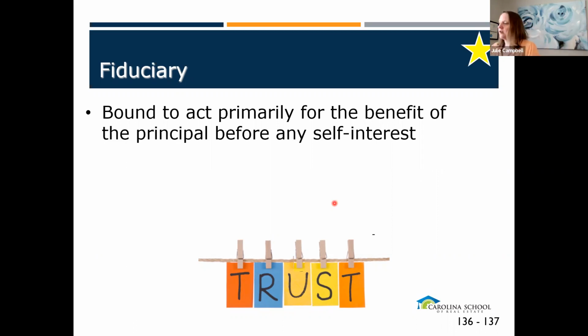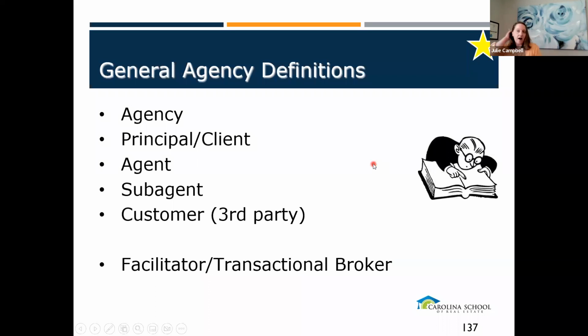So turn with me, if you will, to page 137, and we're going to define some words. Agency is that fiduciary relationship between our client and the firm and us.